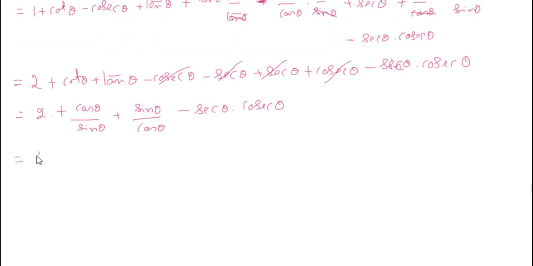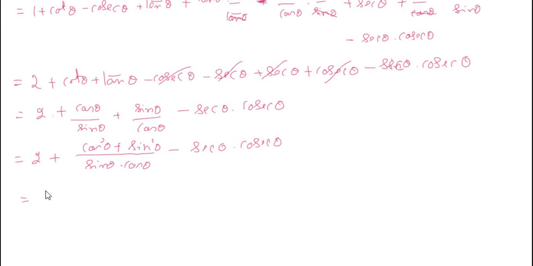That is equal to 2 plus, let us have LCM here, that is sin theta into cos theta. Now cross multiplying, cos square theta plus sin square theta minus secant theta cosecant theta.